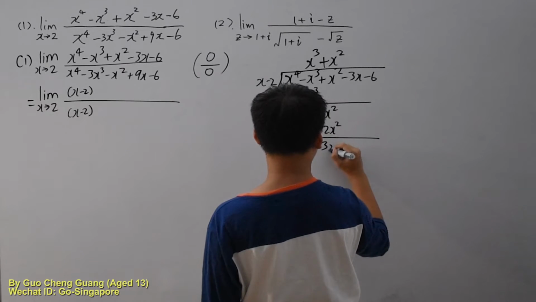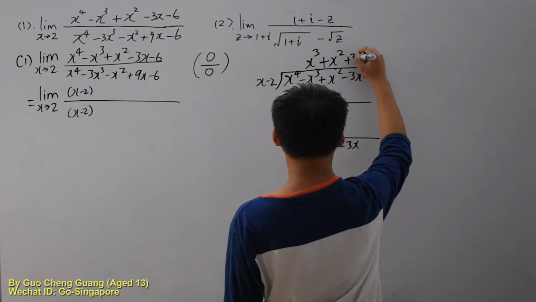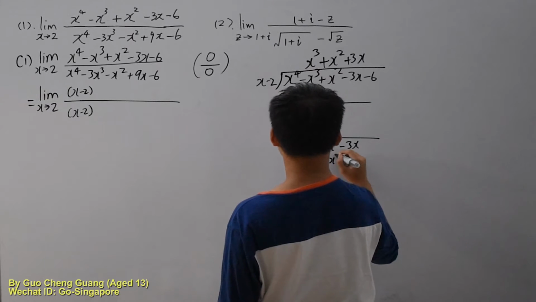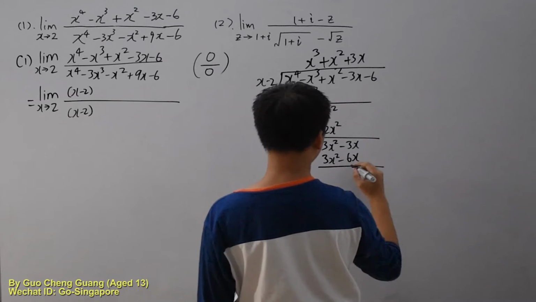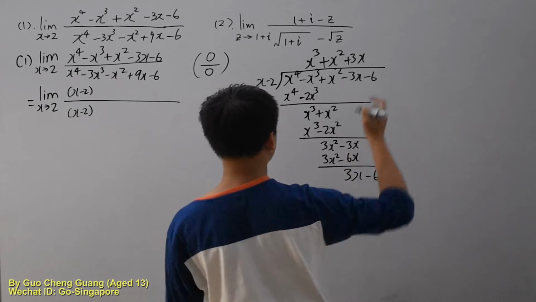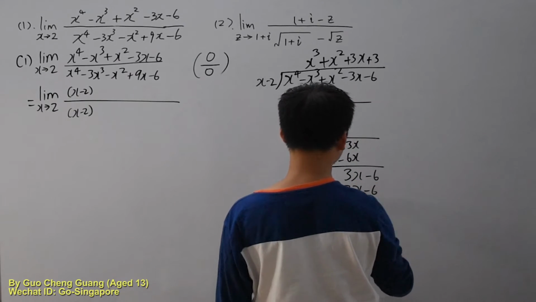And so here you have 3x squared minus 3x, then plus 3x. At this part it is 3x squared subtract 6x, and here you're going to get 3x minus 6. And you can see that this is fully divisible.